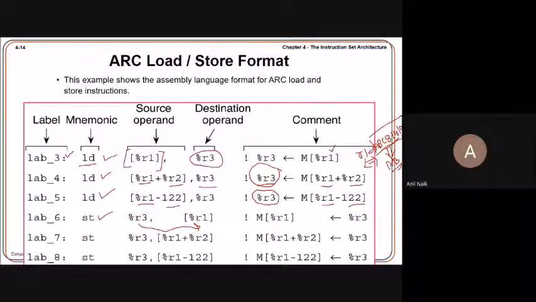We are taking some data from which register? R3 register, and we are storing it into the memory location that is specified by the R1 register. R1 has some memory location or some address, and in that we are storing. So it is opposite to the load operation.